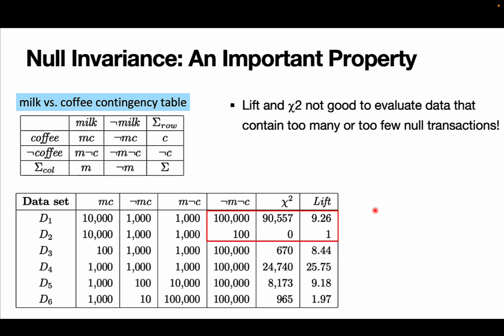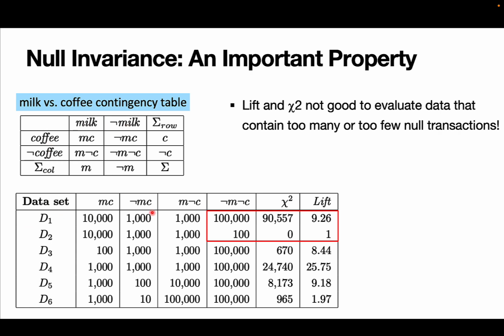For the following example, we are interested in studying the behavior of the interestingness measures we just studied using the example of the association between milk and coffee. Suppose we have this contingency table which represents milk, not milk, coffee, not coffee, and 6 datasets.